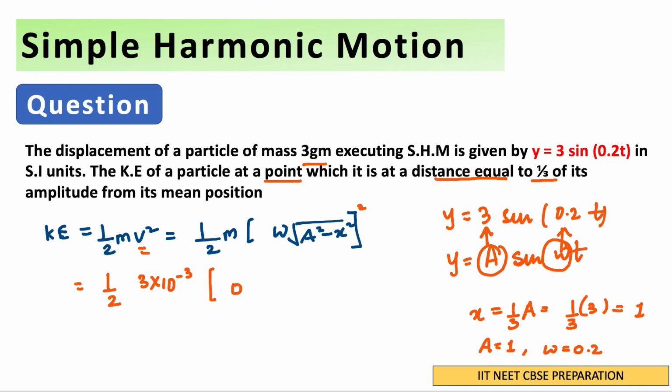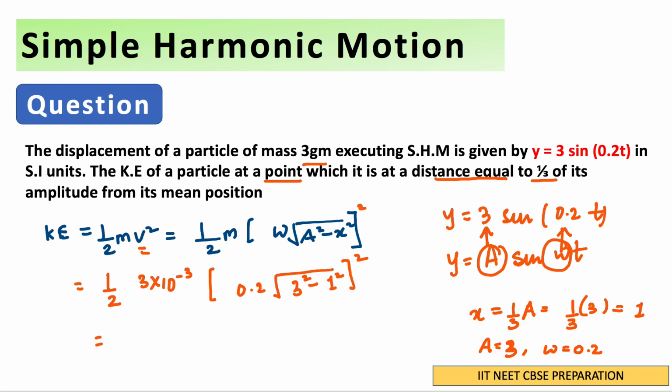So omega is 0.2, and what is root a square minus x square? Amplitude is 3, so it's going to be 3 square minus x square, where x is 1, so 1 square, and this whole square.